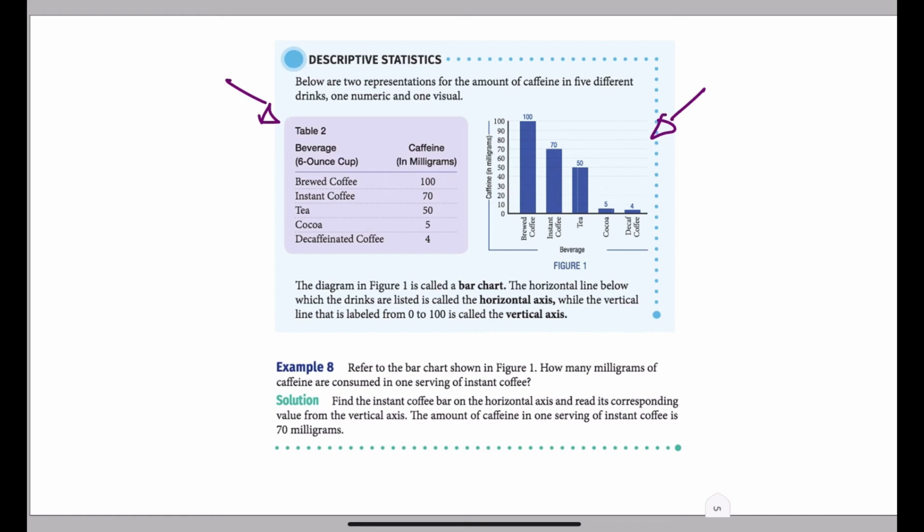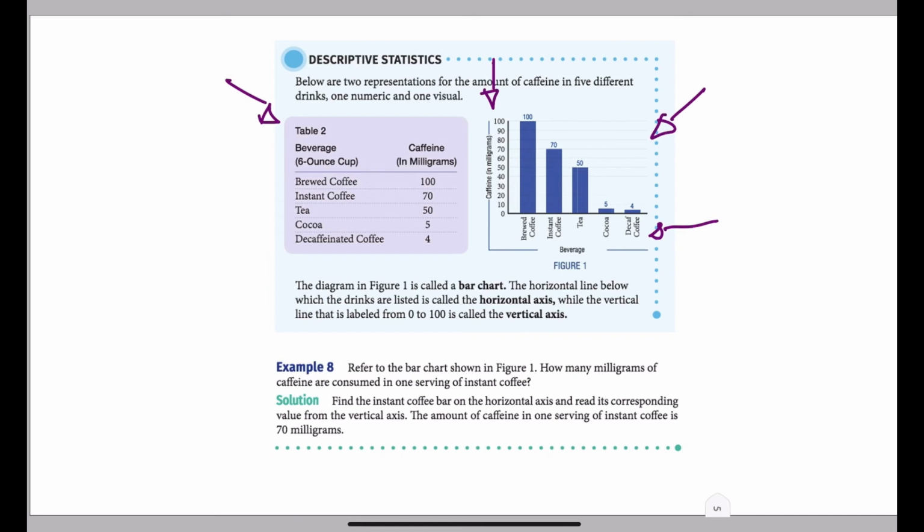All right, so let's also talk about a couple of things. This is the horizontal axis here. It's called the horizontal axis because it's horizontal, just like the horizon. And this is the vertical axis. And these are the two places that we're going to label our information.